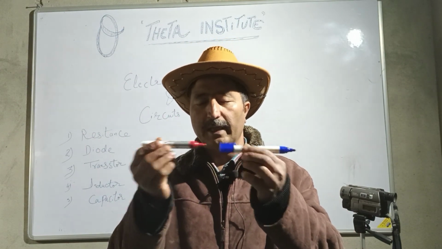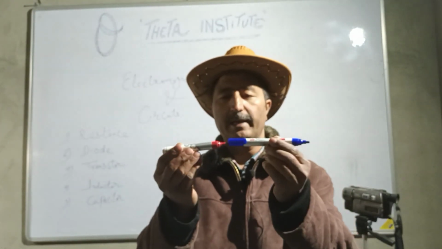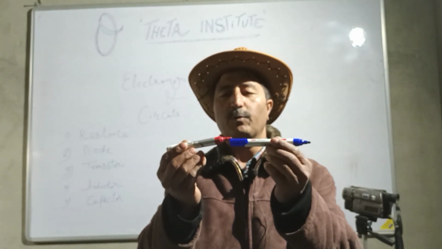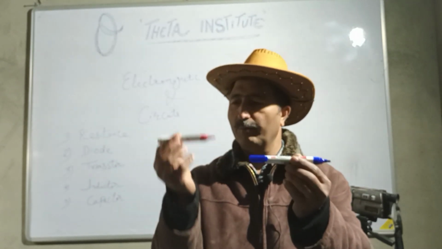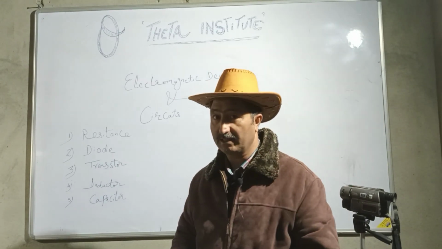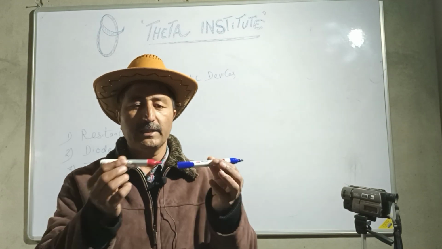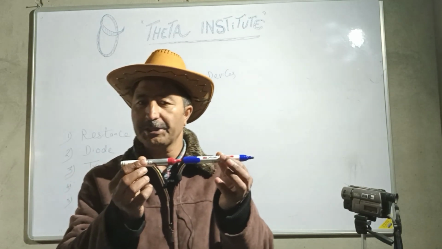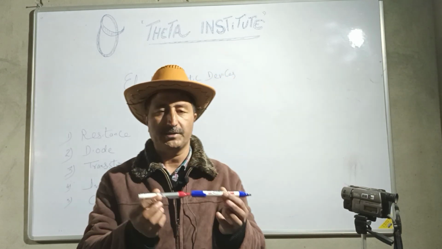A diode is composed of a PN junction. This is P and N. Electric current will flow from P to N but not from N to P. One way, from positive to negative. So diode is a device which allows the electric current to flow from P junction to N junction but not in reverse direction.